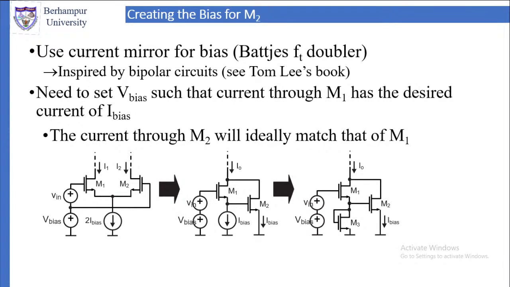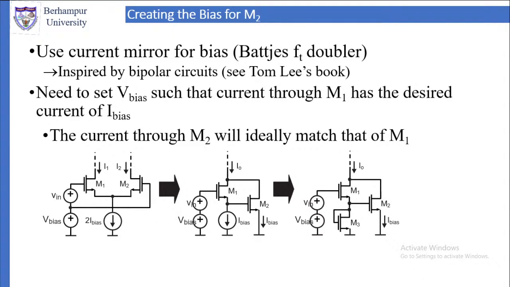M3 is connected in cascade to M1, and if M1 and M2 both have exactly the same characteristics, then we'll get I bias given to M1 because of M3. Then you have M2 as it is, so the ultimate equivalent circuit is the right hand side. So instead of using a difference amplifier, you can use an amplifier which is shown in the right hand side, but it requires one more device.